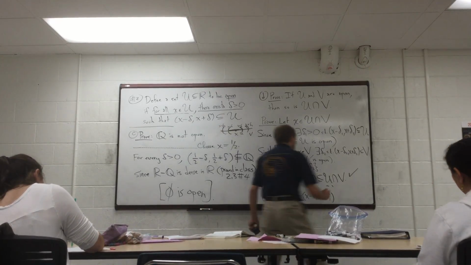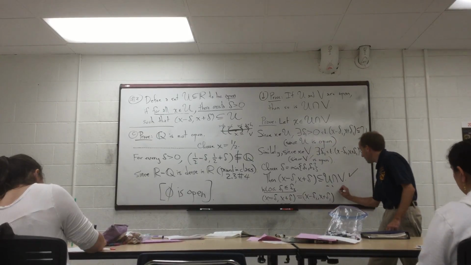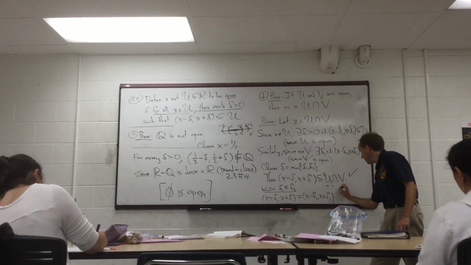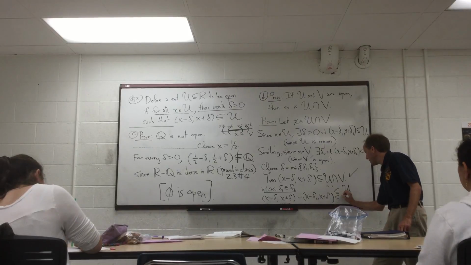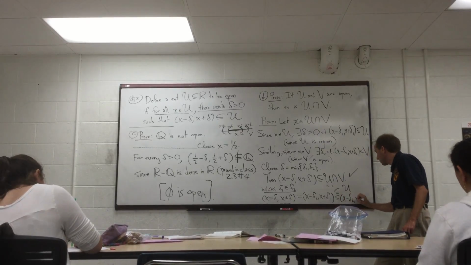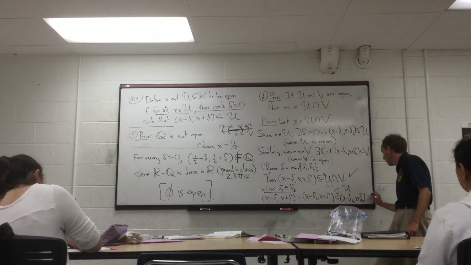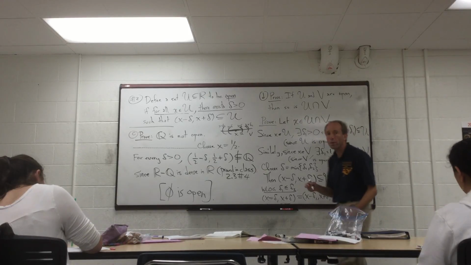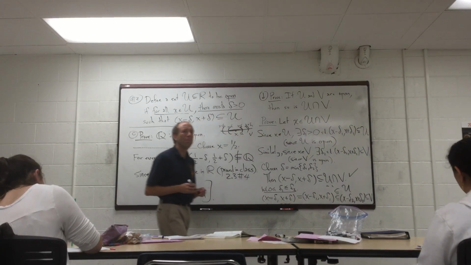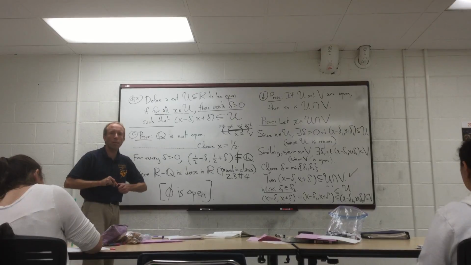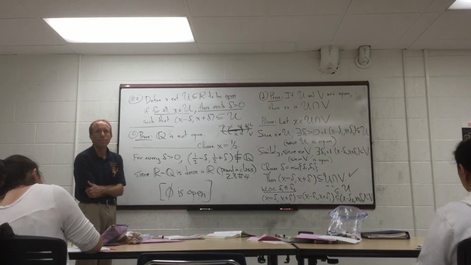On the one hand, that's contained in U, but it's also contained in the interval x minus delta 2 to x plus delta 2, which is contained in V. So it's contained in both of them. That's probably overdoing it. I think it's pretty clear.